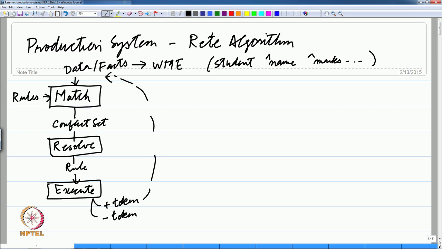Now, what the Rete algorithm does, just to recap, you start by entering a working memory element in the top, and at each node you ask a question which will tell the system what the working memory is about essentially. So, for example, at the topmost level there might be a question like what is the class name.